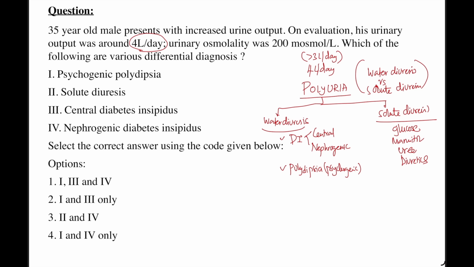But when you see polyuria, you should know whether it is water diuresis or solute diuresis, because the differential diagnosis differs. For that reason, we test serum osmolarity. Normal people excrete approximately 600 to 800 milliosmoles of solute per day. If urine output is high but urine has low osmolarity, that means urine is dilute, less than 250 milliosmoles per liter. Solutes are low, that means it is water diuresis.